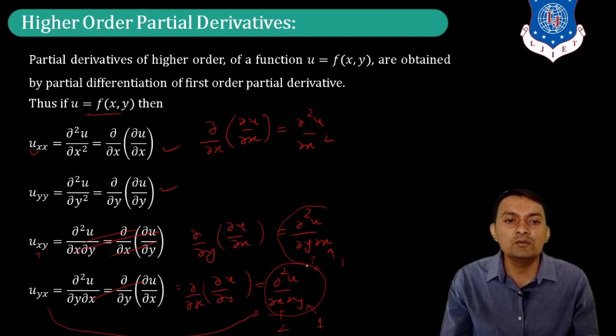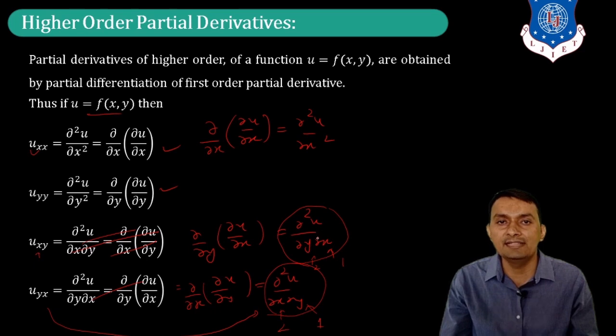How can we read this one? Del square u divided by del y del x. I have written del y first, but it doesn't mean that we have to do the partial derivative with respect to y first. No, first you should write it and then try to understand how we can solve. So first del u by del x, and then we will determine the derivative with respect to y of whatever we have obtained as del u by del x.